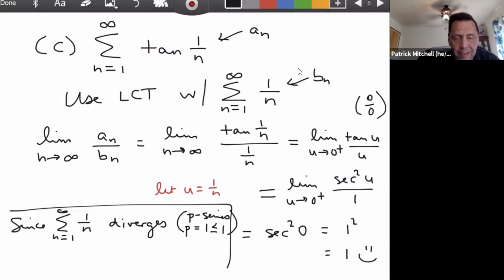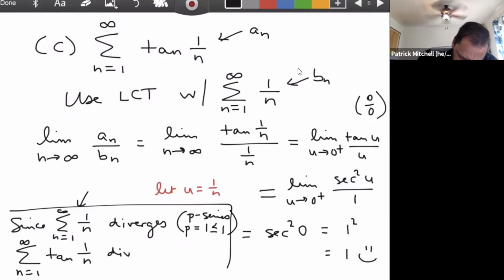The harmonic series is this one particular specific series. So we'll just take it as a known fact that the harmonic series diverges. We actually proved that back in, I think it was section 10.3. The sum n going from 1 to infinity tangent 1 over n diverges by limit comparison test.